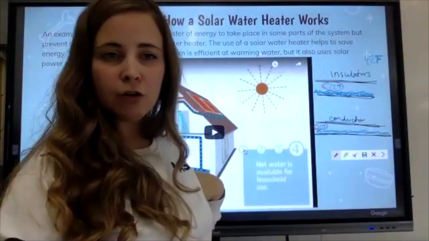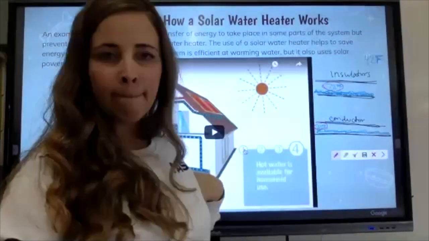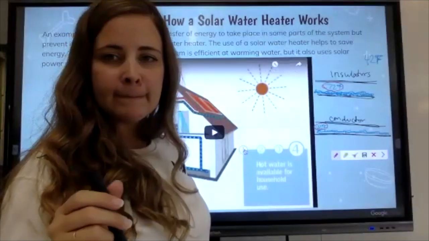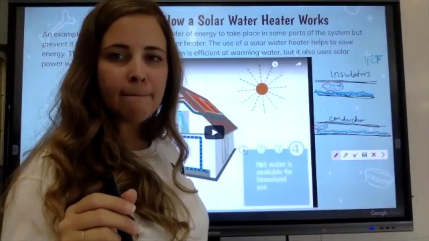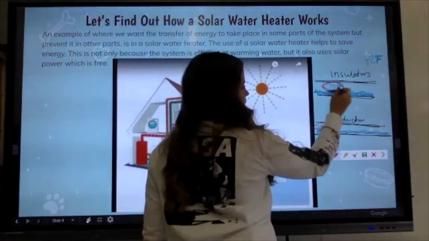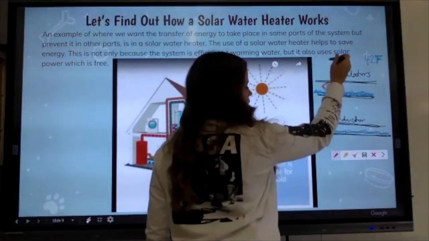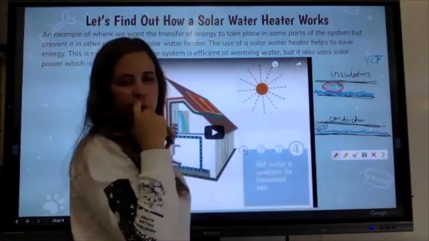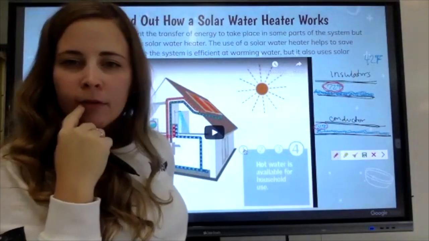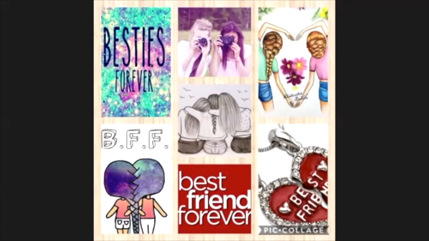Alicia, can you tell me which direction it's going to transfer? Is the heat going to transfer from 72 to 42 or from 42 to 72? 42 to 72.